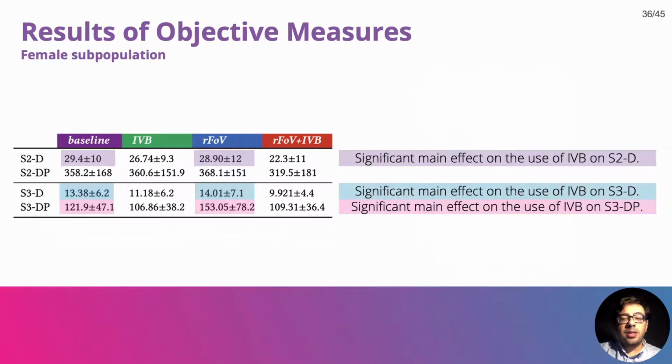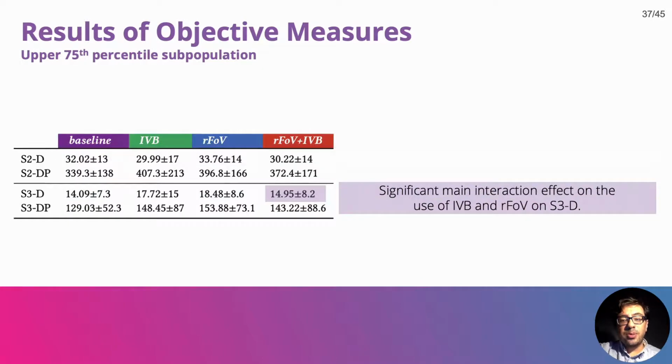However, looking at the female subpopulation, in the absence of an independent visual background, there was more movement in S2 and S3, and participants were less focused on the point of interest in S3. For the upper 75 percentile subpopulation, a main interaction effect was found where adding an independent visual background to a restricted field of view resulted in less movement in S3.